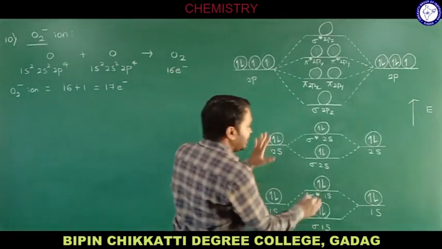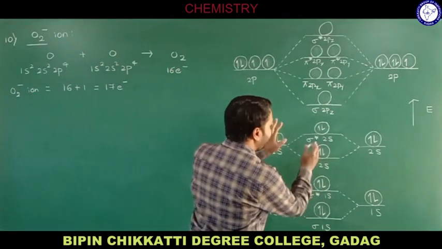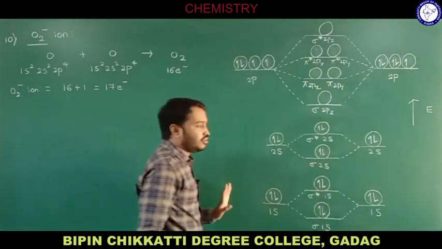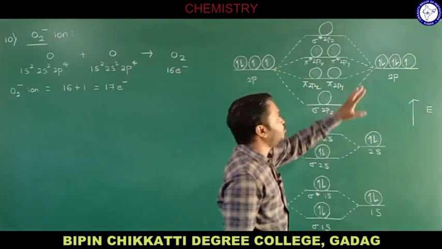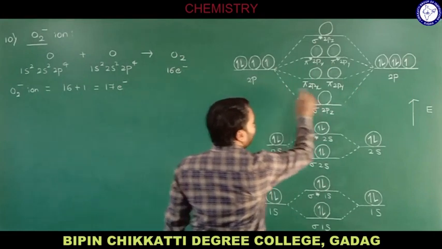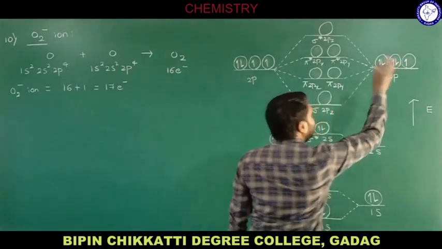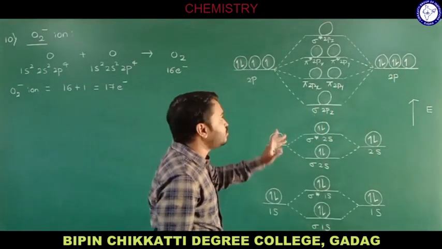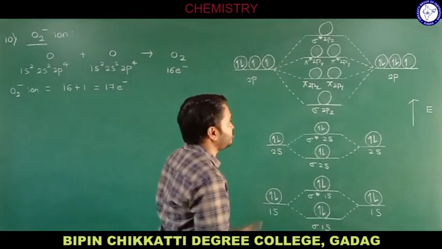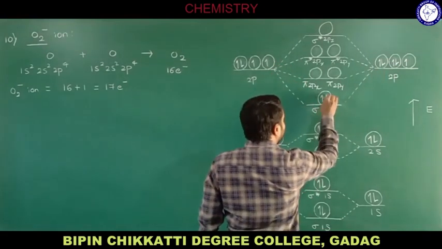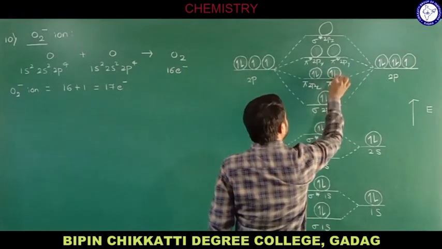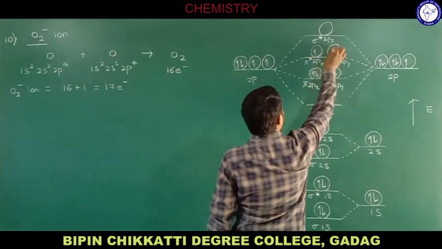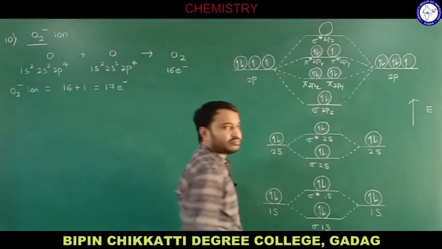So 8 electrons have been filled from 1s and 2s. Now we have to distribute the rest to 2p and 2p. Totally 9 electrons have to be distributed in this 2p section: 1, 2, 3, 4, 5, 6, 7, 8, 9.